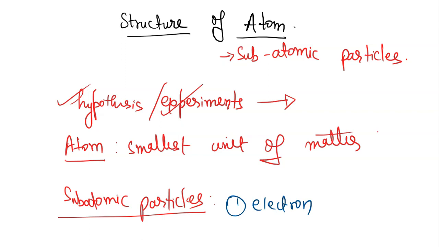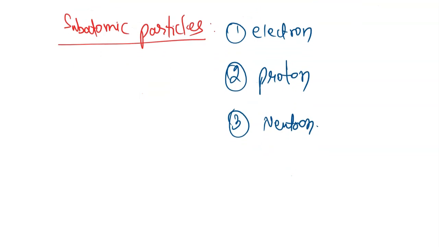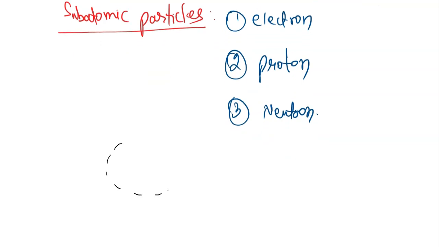proton, and neutron. So an atom is basically a kind of spherical structure whereby at the center there is a positively charged core.